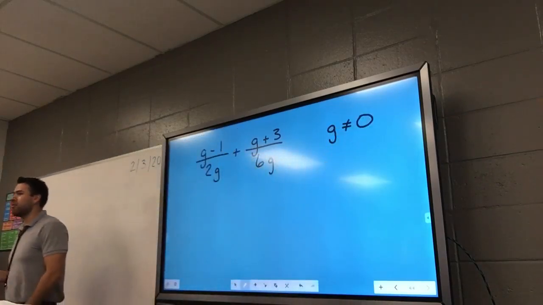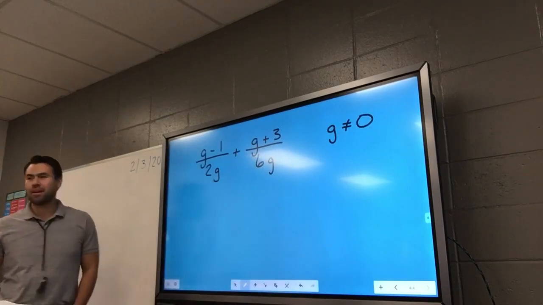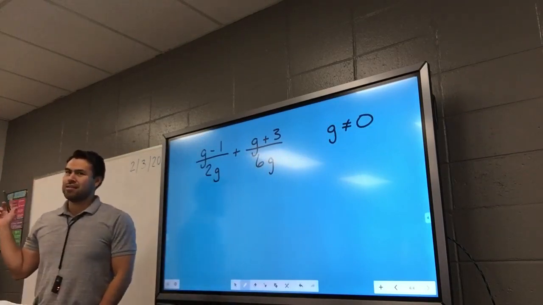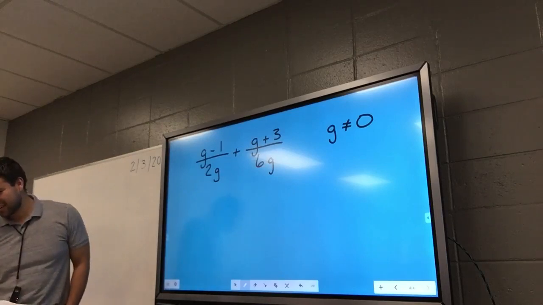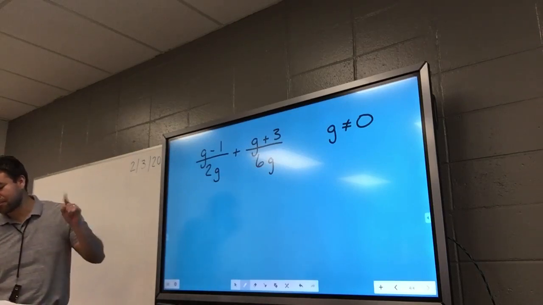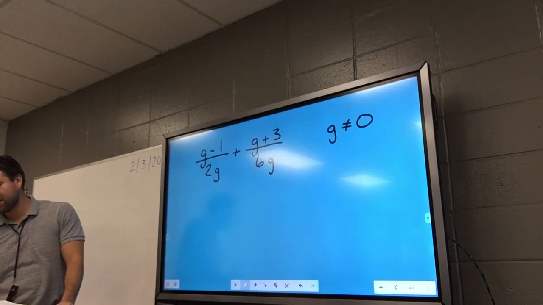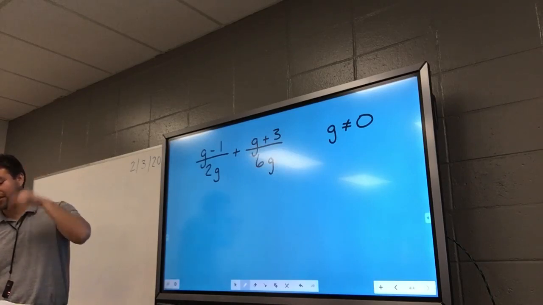But I want a simplified version of this sum. 4g plus 2 over 6g. That's okay. You're close because you got the denominator good, but the numerator's a little off.